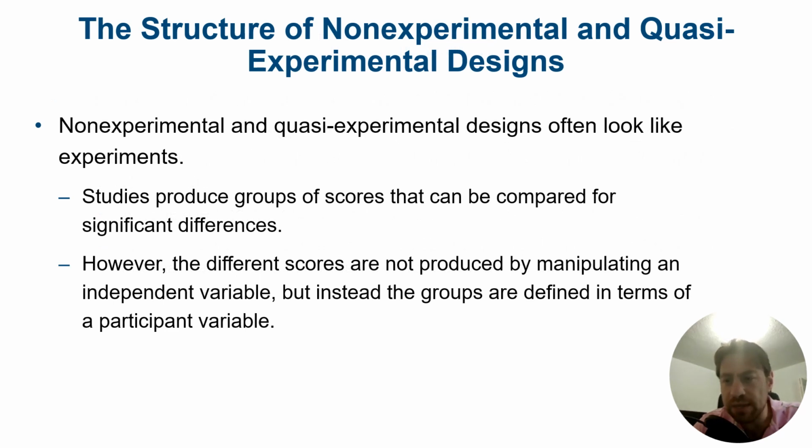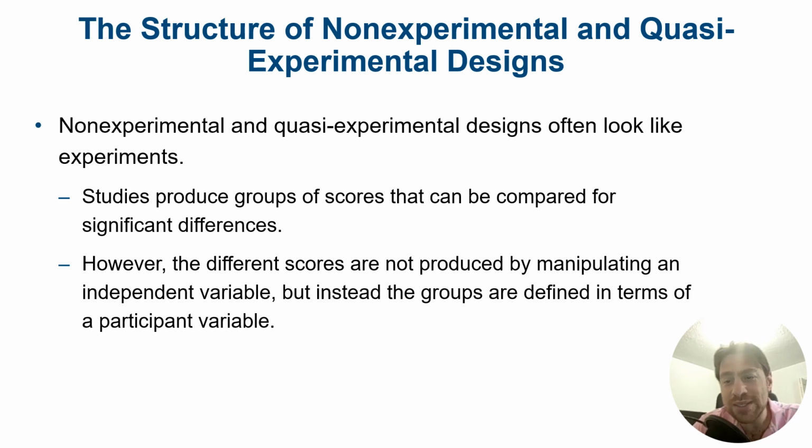So non-experimental and quasi-experimental designs often resemble true experiments in their structure, but will differ in the way in which the groups or conditions have been created. So like true experiments, these designs will also produce groups of scores for comparison.